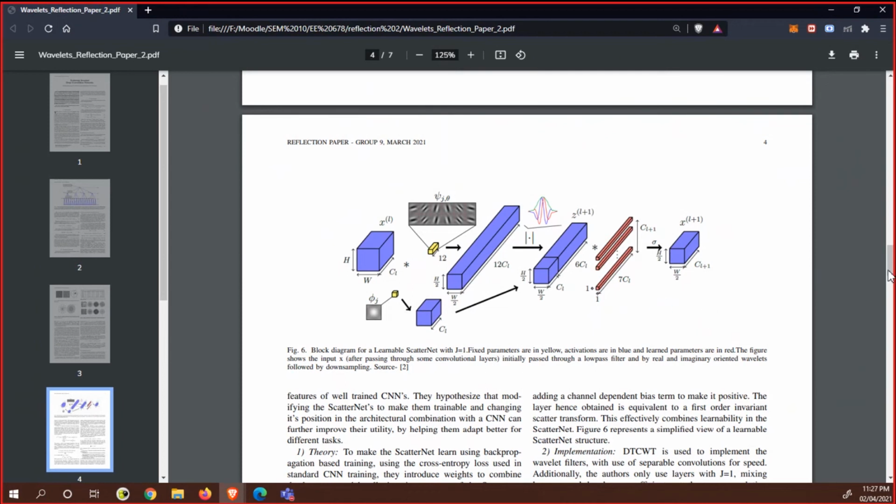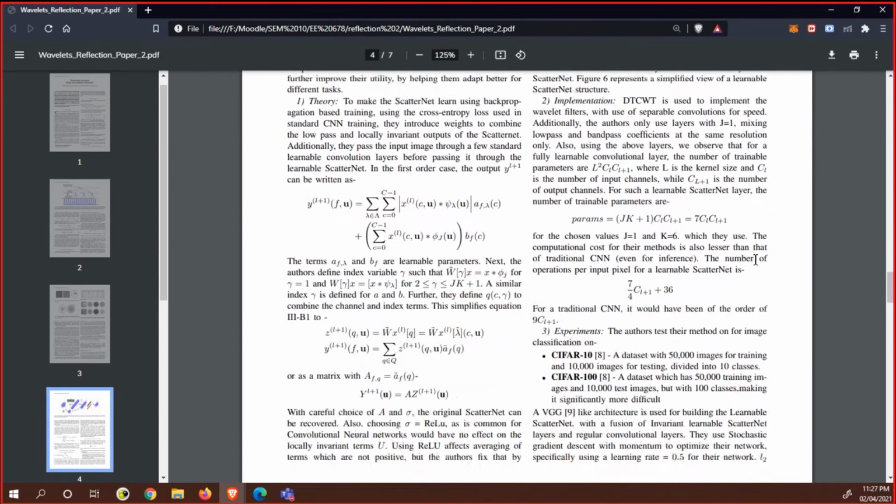The good thing about this modification is that even if these parameters are learnable, the original scattering transform can be easily recovered by choosing specific values of A and B, and choosing a ReLU non-linearity, which is the most commonly used non-linearity in convolutional neural networks.